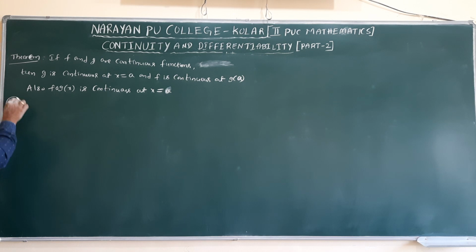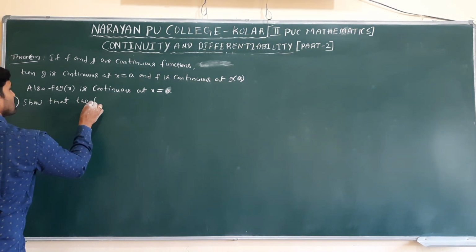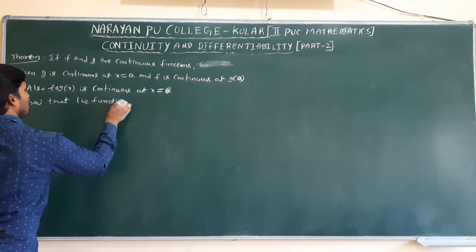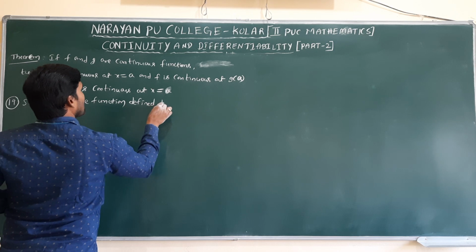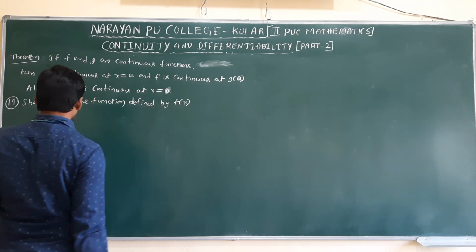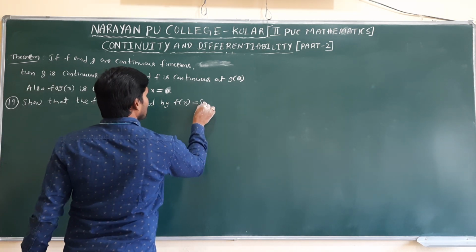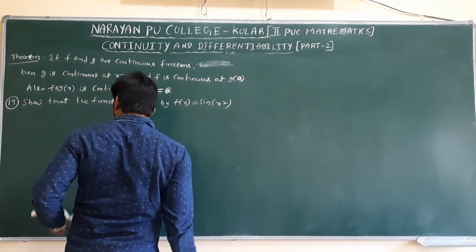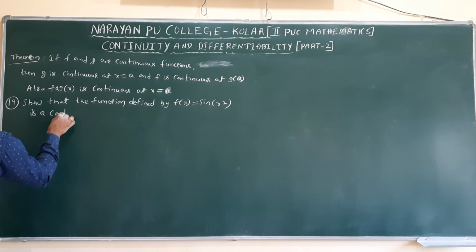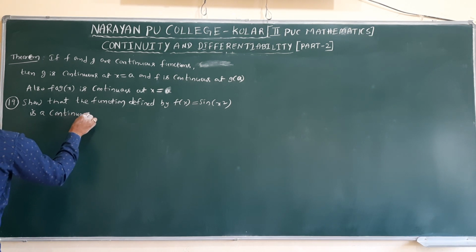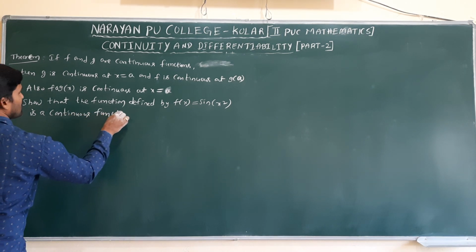Now example 19: show that the function defined by f of x equal to sin of x square is a continuous function.